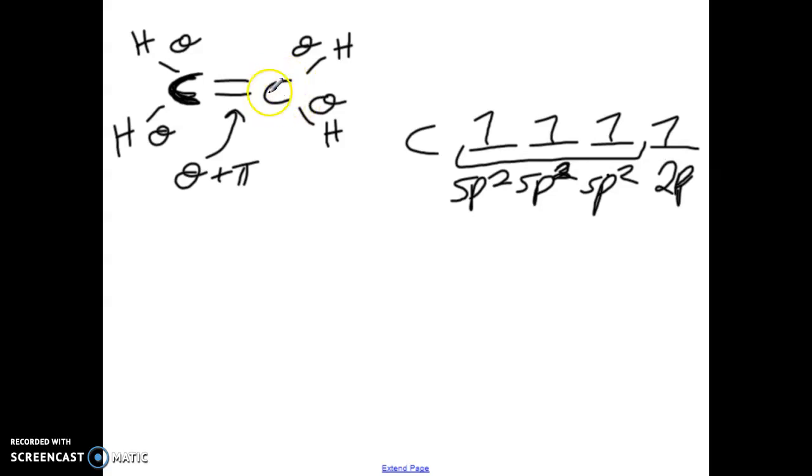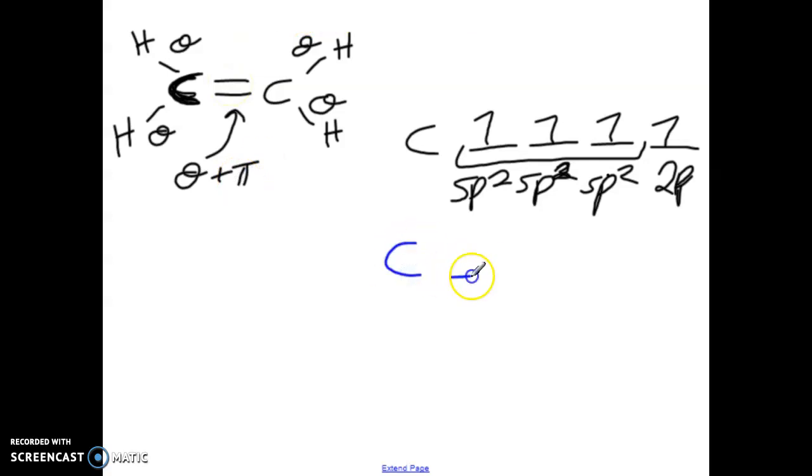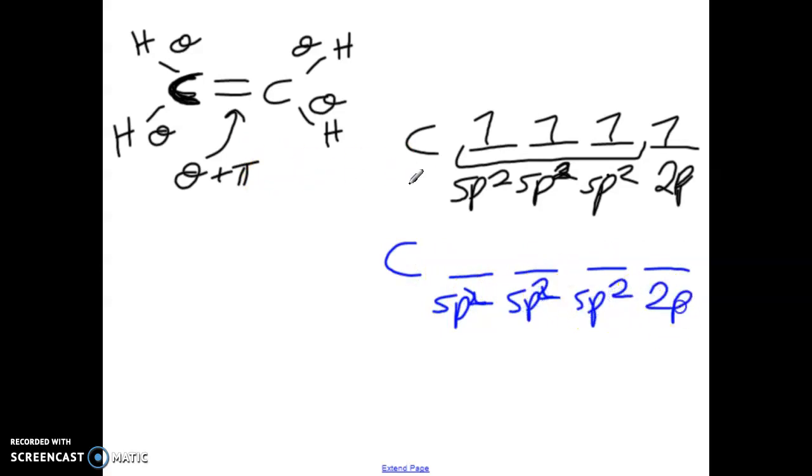The carbon on the opposite side is exactly the same. It also needs 1, 2, 3 sigma and 1 pi. I'll do the second carbon in a different color. So it's also going to have sp2, sp2, sp2, and a 2p.